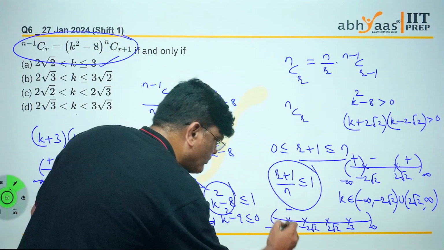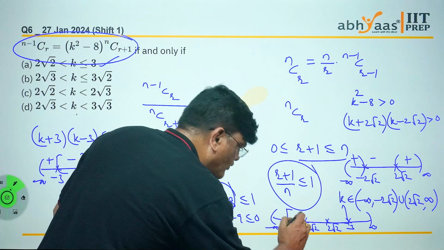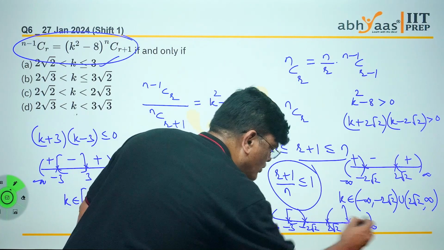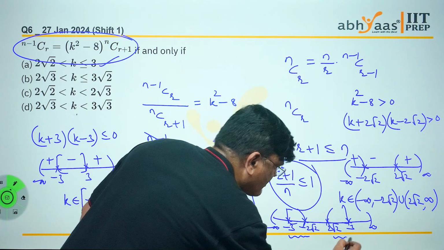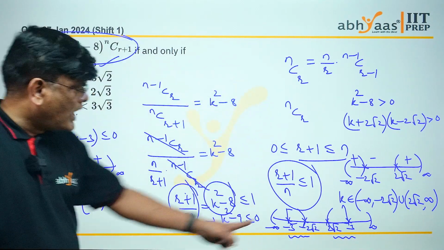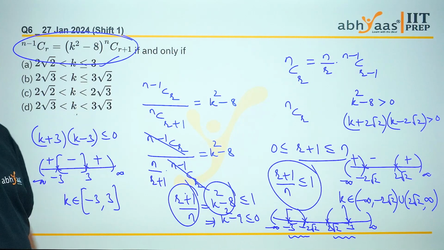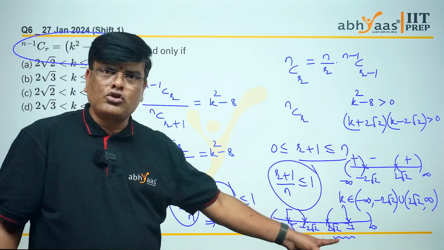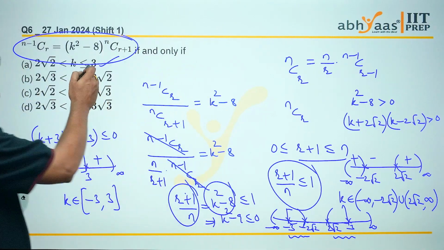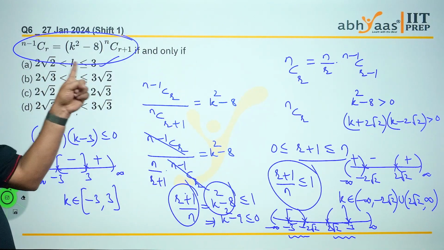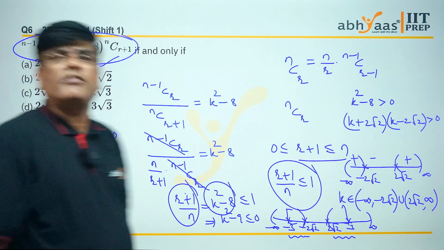The first is the closed interval minus 3 to 3, and the second is minus infinity to minus 2 root 2 and 2 root 2 to infinity. The common regions are minus 3 to minus 2 root 2, which is not given in the options, and open on 2 root 2 closed on 3, which is given here. So option A is the right one.